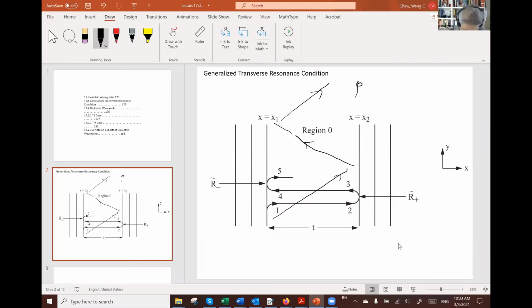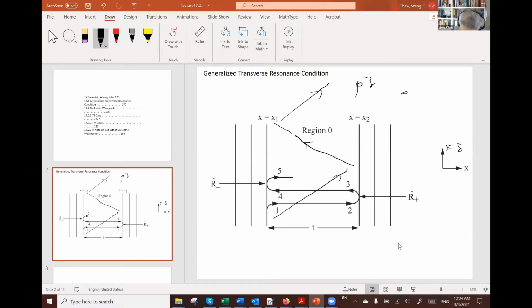In this picture I use y, and actually in later pictures I use z. I don't know why it comes out to be y here. It should be z. Okay, let's assume that this direction is z.